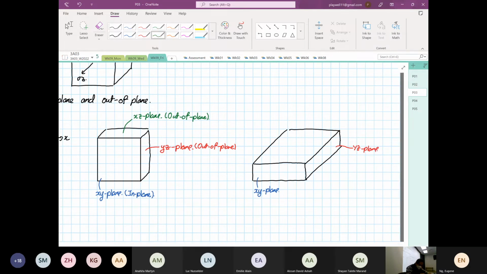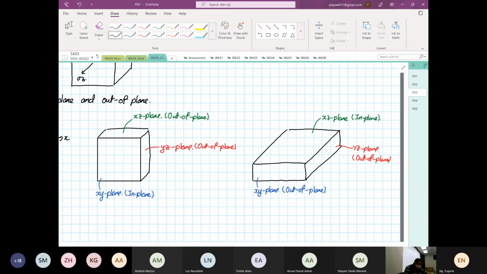And then the last one, this is our XZ plane. So for this case, the XY plane is out of plane. The YZ plane is also out of plane. And then our XZ plane is in plane.